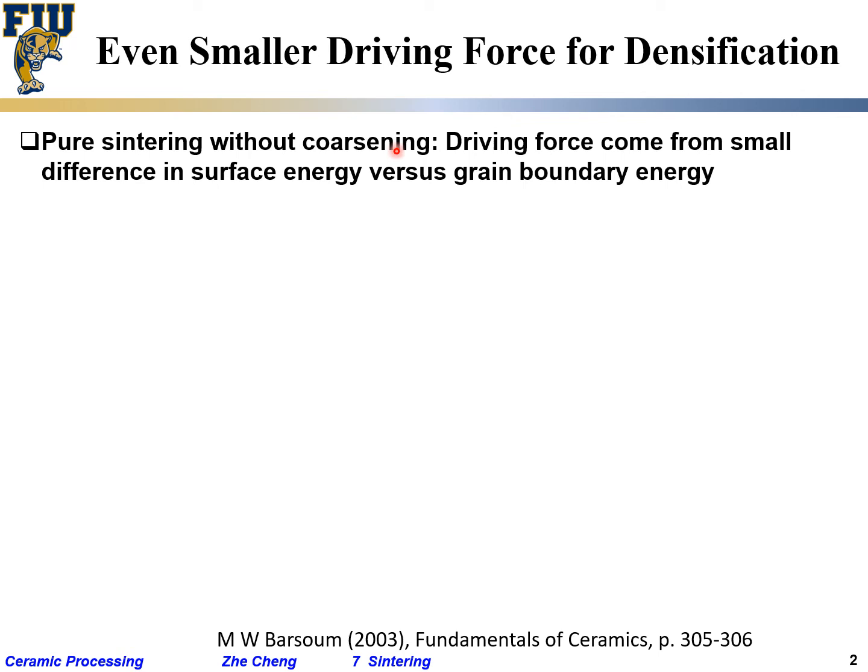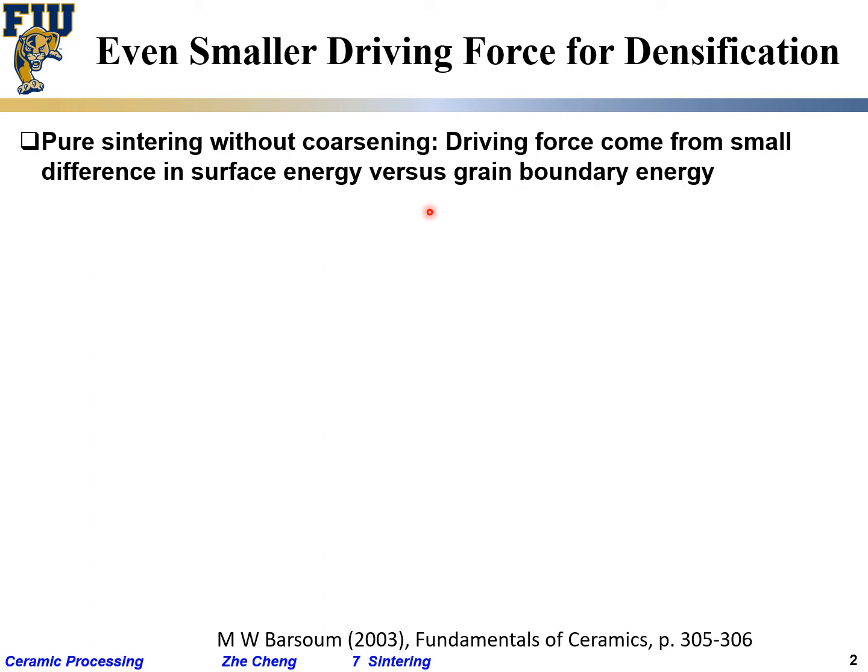let's say we can have pure sintering without coarsening, which means individual particles, and after full densification, they maintain the same grain size, except they have no surface area. Everything becomes grain boundary. Okay, the driving force comes from the small difference in surface energy versus grain boundary energy.